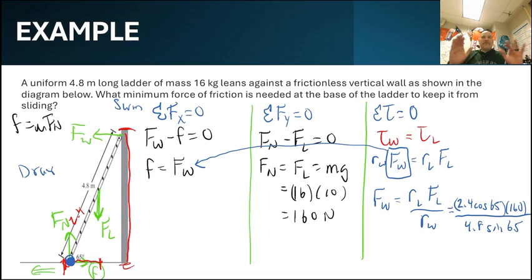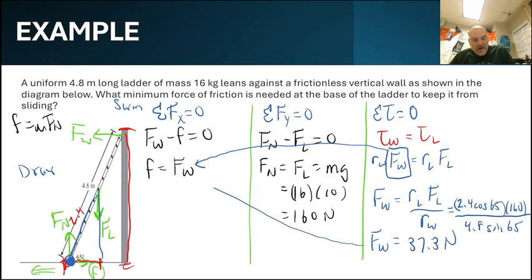Okay, again, the triangles that I know is what causes sine versus cosine, right? And so we now know that the force at the wall is 37.3 newtons. Well, that's going to be our answer because that is the frictional force. This force and the friction force down here have to be equal.